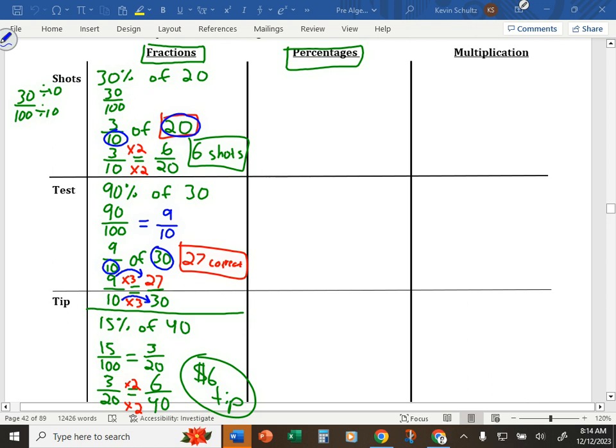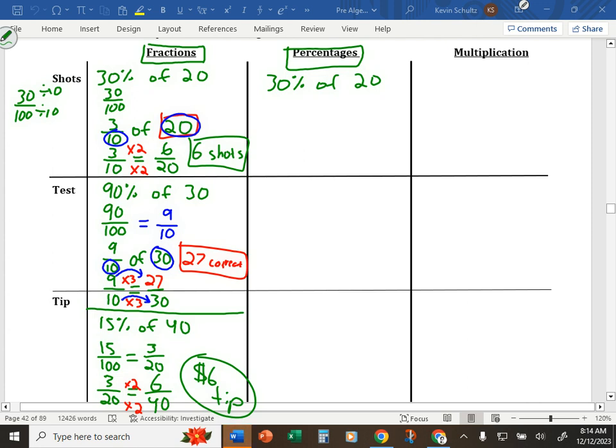Okay, here we go. Percentages. This one requires breaking your percentage down into 10% chunks. So if we start with 30% of 20, that's what we're trying to find here, right? That's our original question. Took 20 shots, made 30%. We want to figure out what 30% of 20 is.